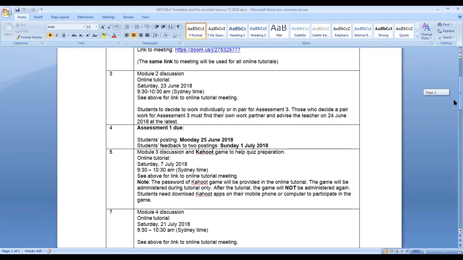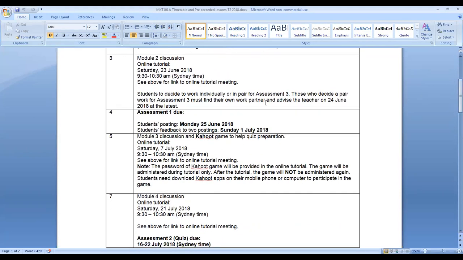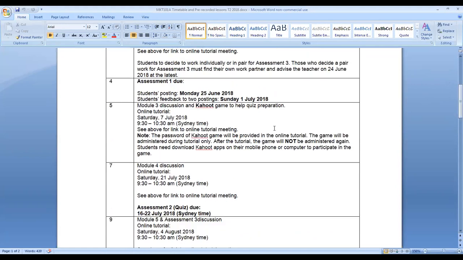And assessment 1 is due in week 4. There are 2 parts of assessment 1, Monday and Sunday. And we have another session in week 5. Now for week 5, I've prepared a Kahoot game to help us prepare for the quiz, which is basically assessment 2 that is due 2 weeks after that.